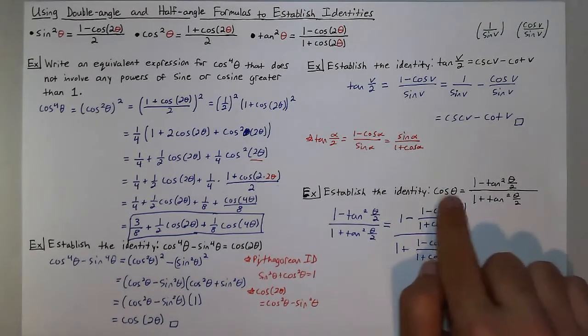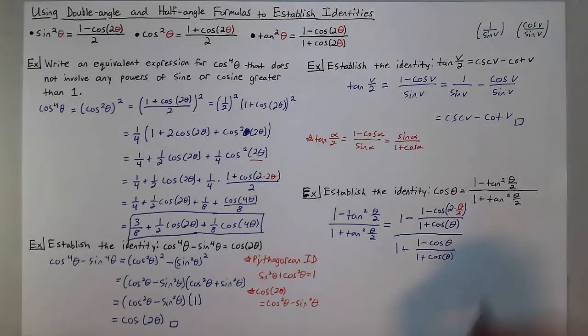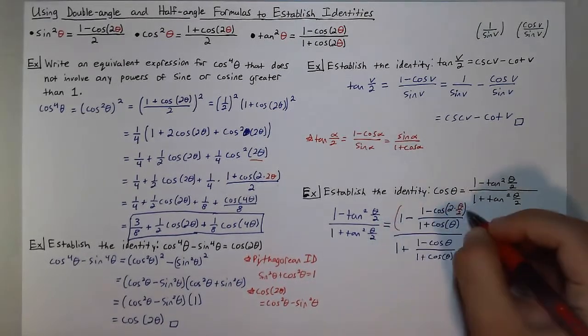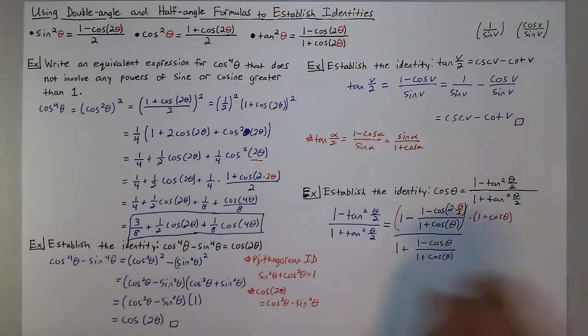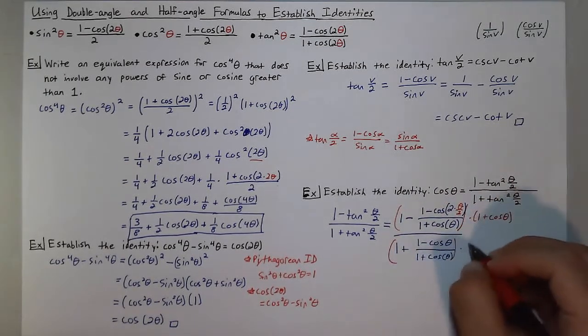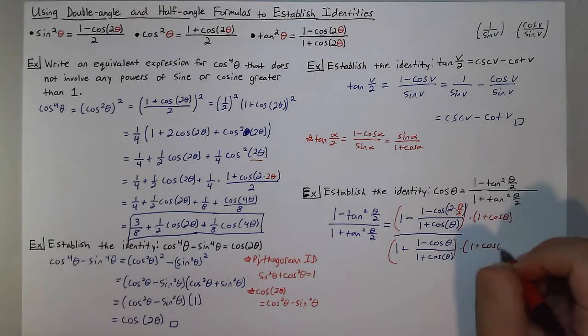My answer certainly doesn't have a fraction in it. So I'm going to multiply my numerator by 1 plus cosine of theta and my denominator by 1 plus cosine of theta.